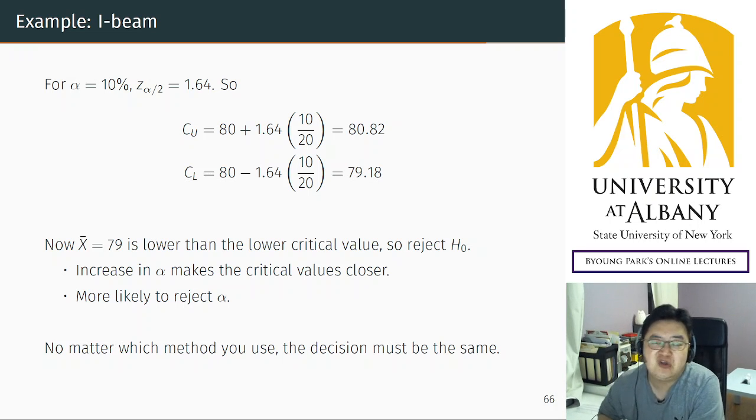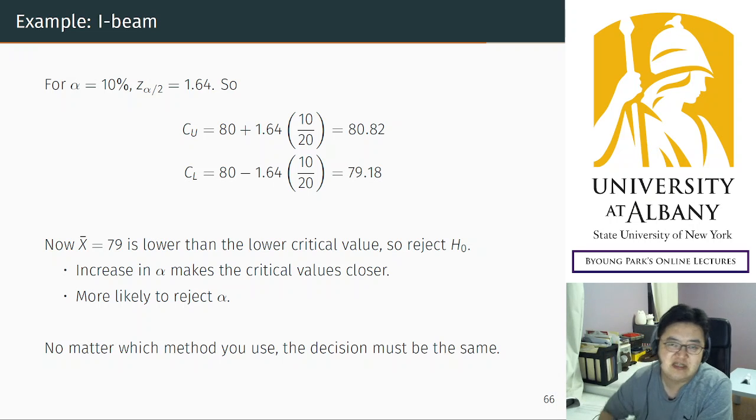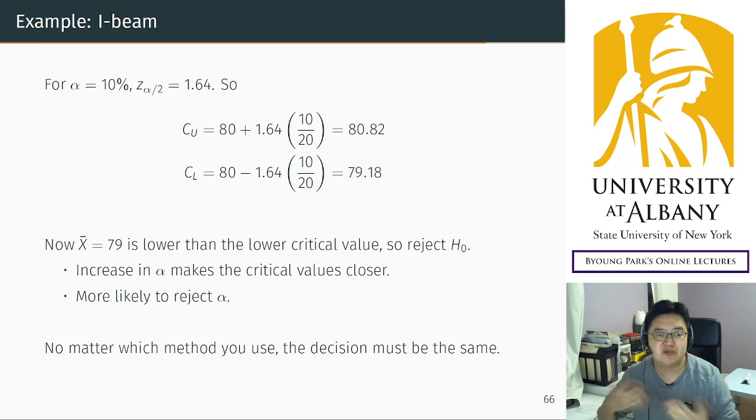Therefore, now you have to reject your null hypothesis because now the significance level is greater. It makes sense, and it is also consistent with our previous results. So this is a simple illustration of how we apply the 3 approaches to real data in a very simple example.